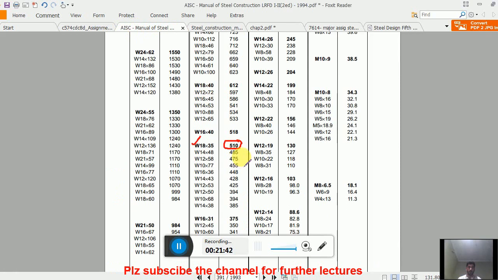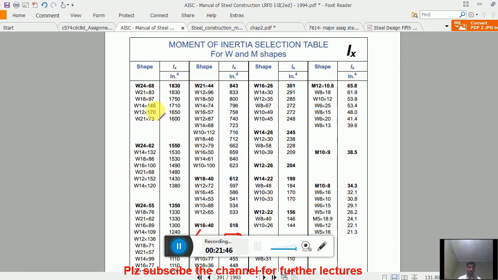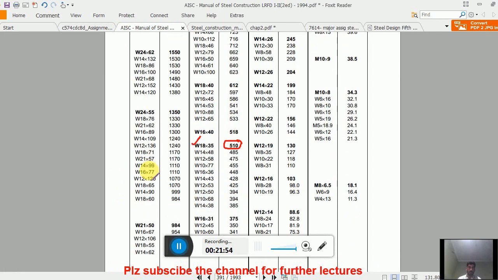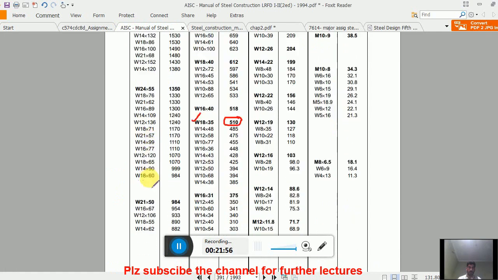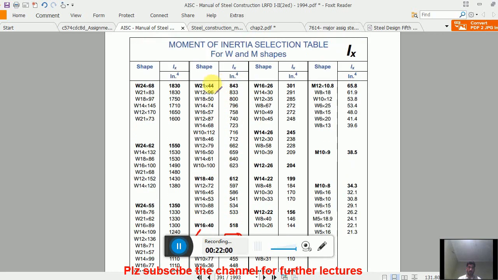W21 cross 44, where is this section? W21 73, W21 68 and 57, 50, and this one, the most latest section.